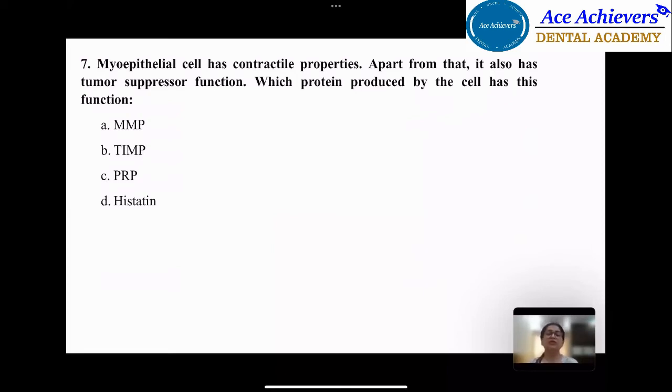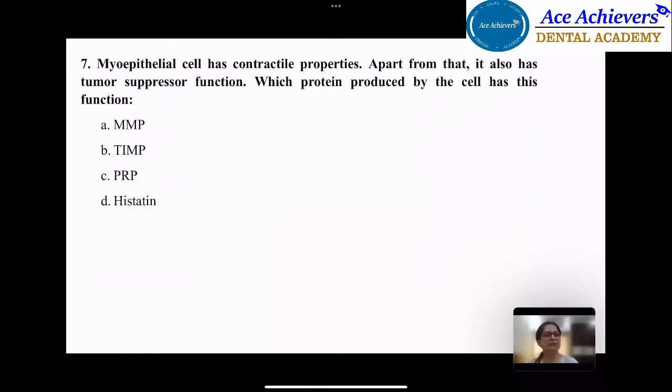Fibroblasts produce collagen as well as degrade collagen, and they degrade it by producing these matrix metalloproteinases. They will eat up the collagen. In tumor progression, this function increases tumor proliferation because it degrades the matrix and allows the tumors to move.